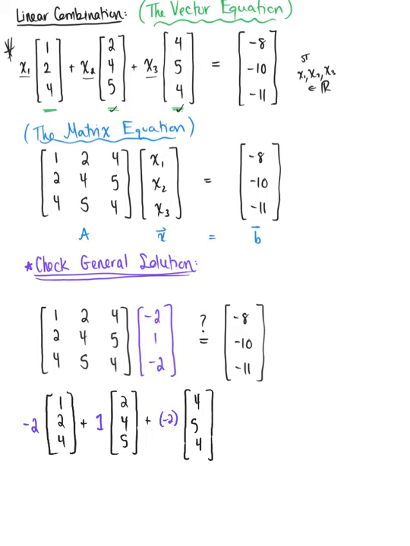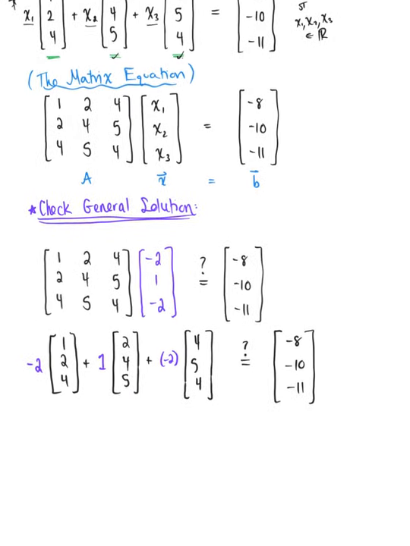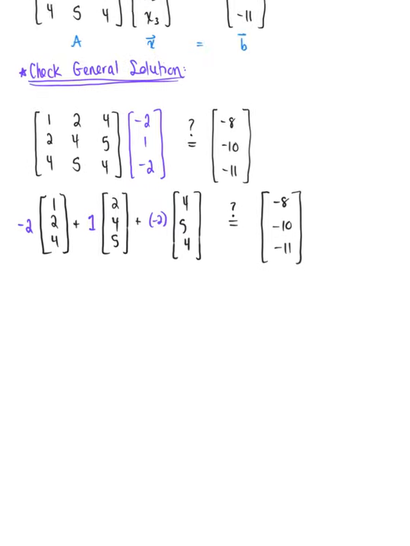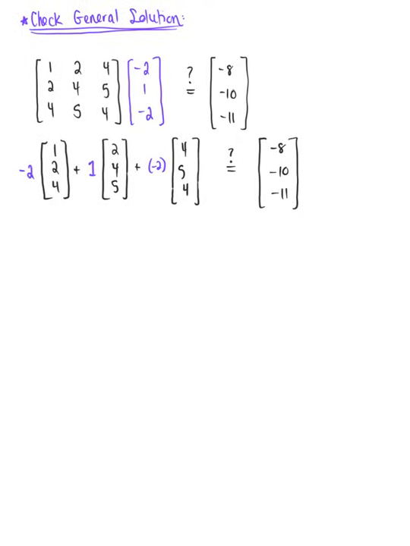And again, we're still asking ourselves, is this in fact equal to -8, -10, -11? So let's make sure that our algebra in the previous example was accurate, and that this in fact is the solution.